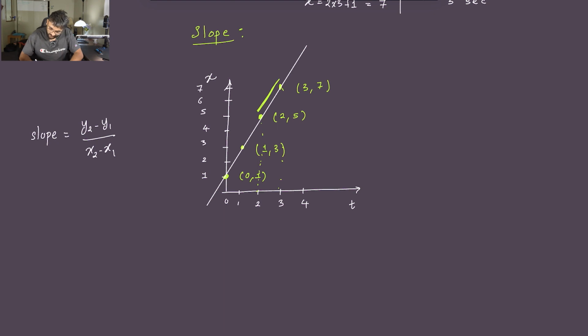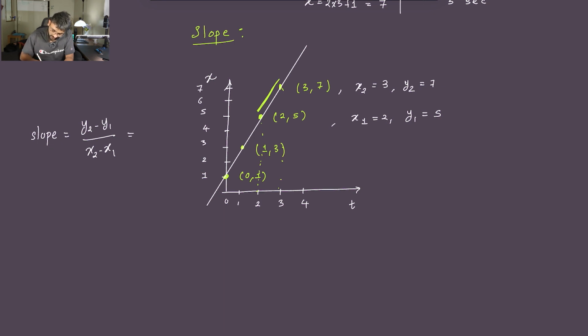Here, if I want to figure out the slope, from here, 3 comma 7, 3 is the x value and 7 is the y value. So x2 is 3 and y2 is 7. x1 here is 2 and y1 equals 5, right?